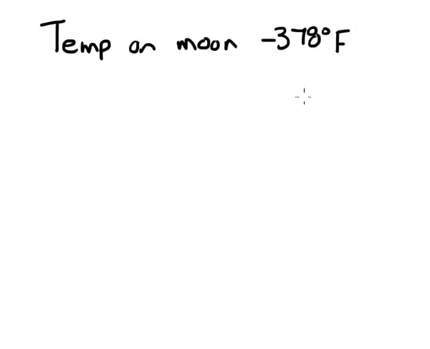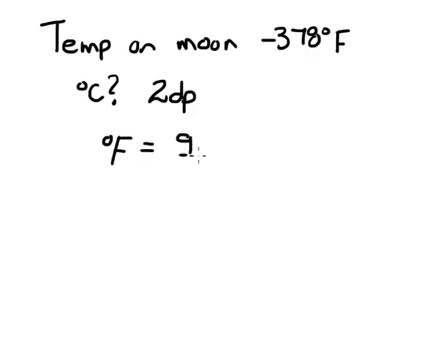Convert this temperature to degrees Celsius, correct to 2 decimal places. And they're now telling us to use the formula: degrees Fahrenheit is 9/5 times your degrees Celsius plus 32 degrees.